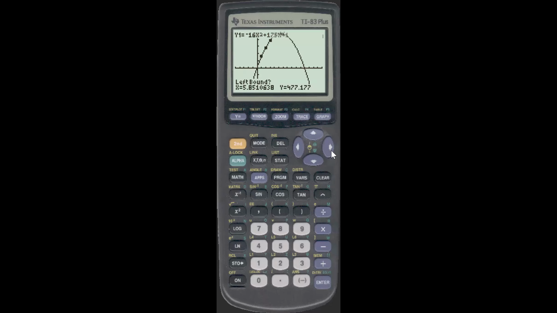Does yours say left bound? It does. So you have to go somewhere left of this place where my cursor is. Where I've got it currently is left, so get yours somewhere there. It may not be exactly the same as mine, but it's somewhere there and hit enter.